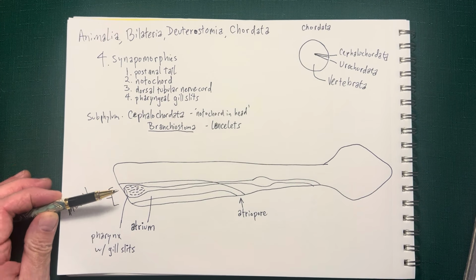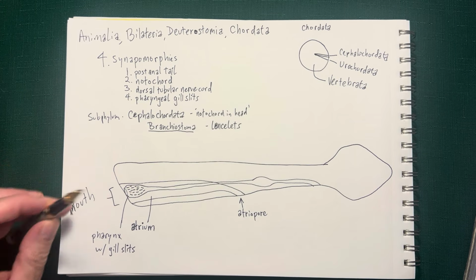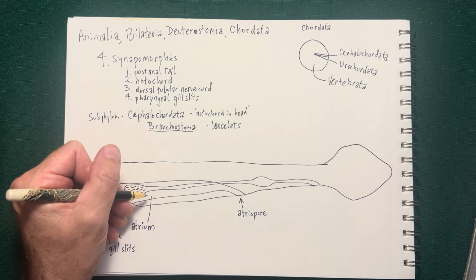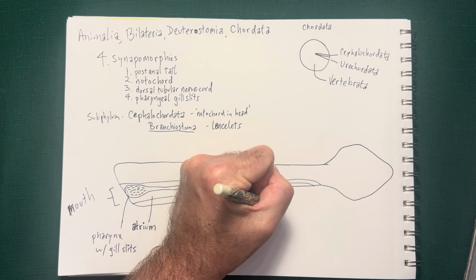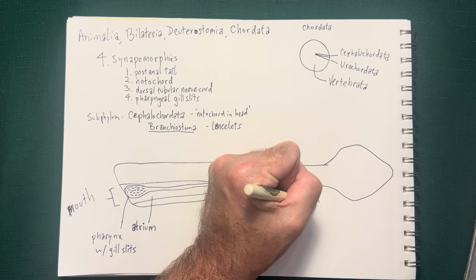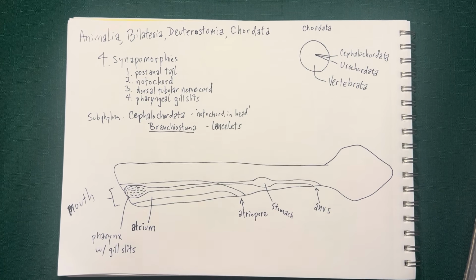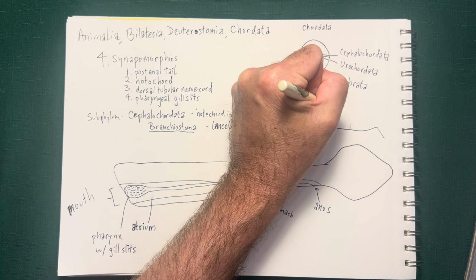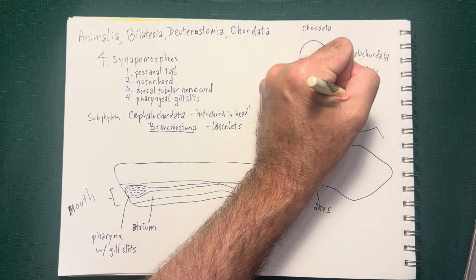Then those bits of food get stuck in this pharynx, which acts like a filter, like a sieve. So food particles get filtered out through the slits in this pharynx, and then the food goes through this gut into a stomach, and that is what ends up getting digested, and the waste leaves through this anus, which means this area back here is our post-anal tail.